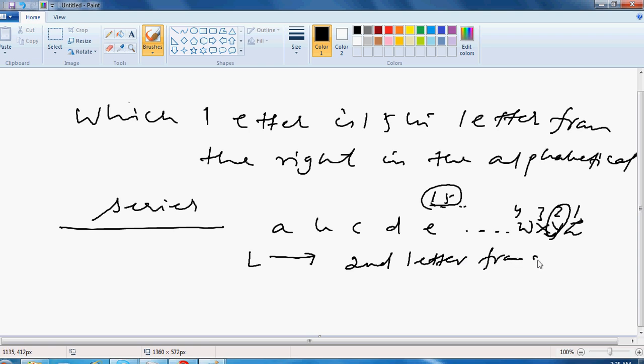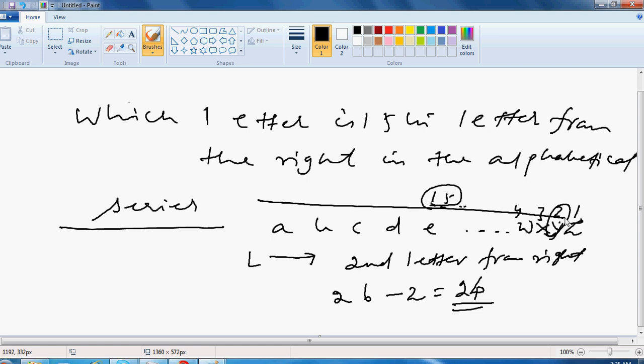Then if you are by chance writing 26 minus 2 is 24, I hope you are aware that Y is not the 24th letter. This is the 25th letter from the left. So subtraction is not enough. When it is 24, just add 1 to that.